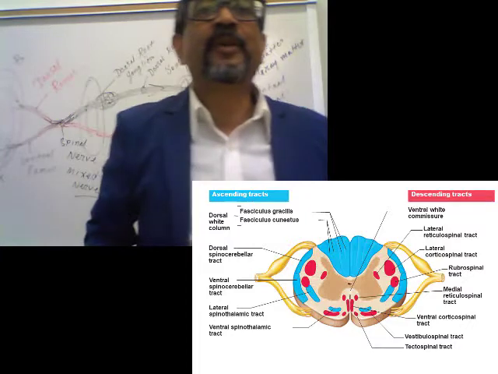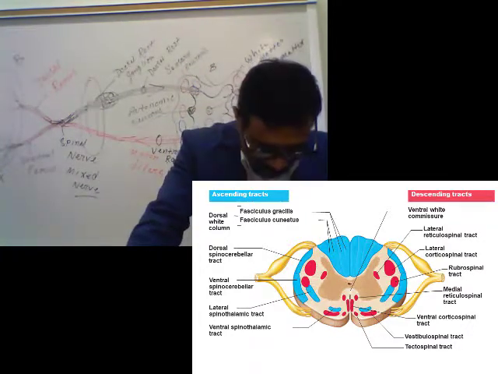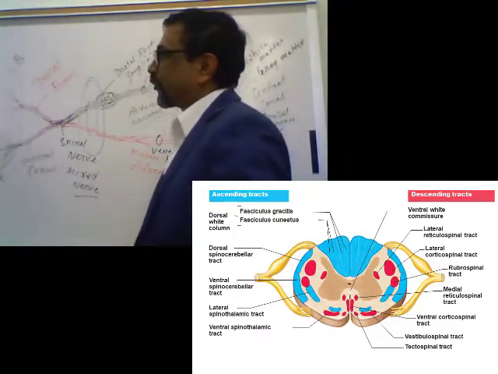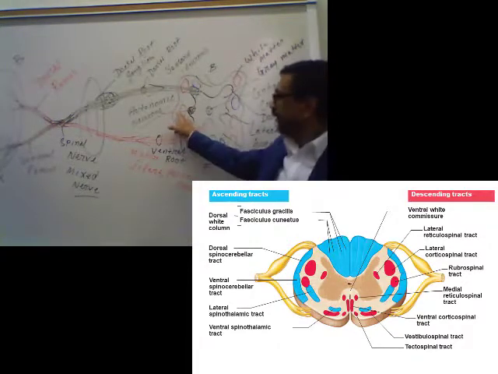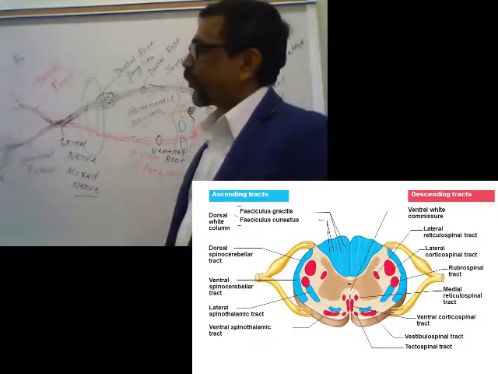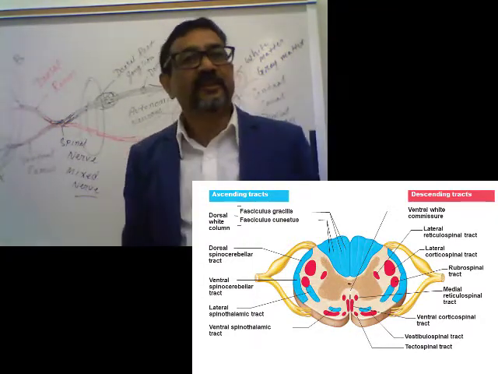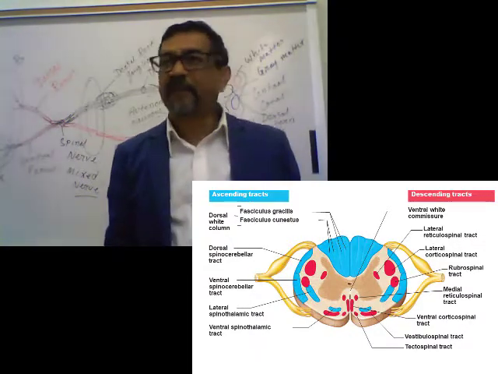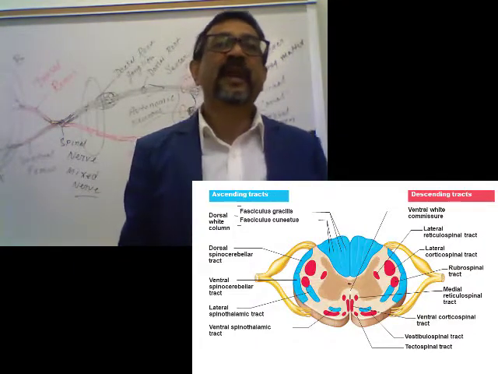So spinothalamic tracts. There are two pairs, ventral and lateral. You see ventral in the front and lateral in the side. So ventral and lateral spinothalamic tracts. Function: pain, temperature, and soft or fine touch.